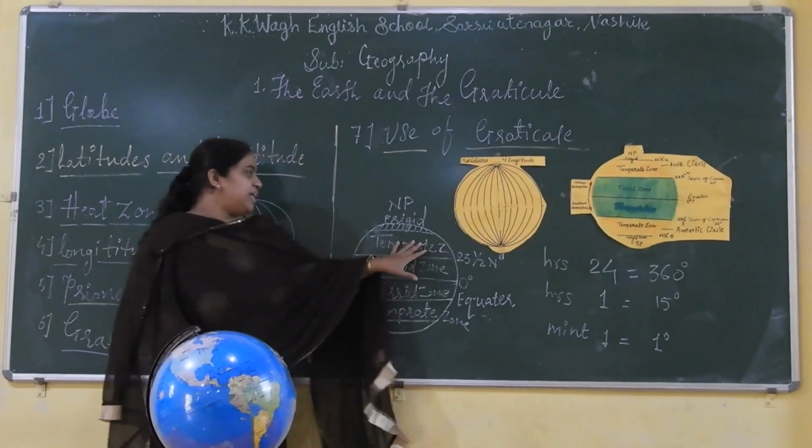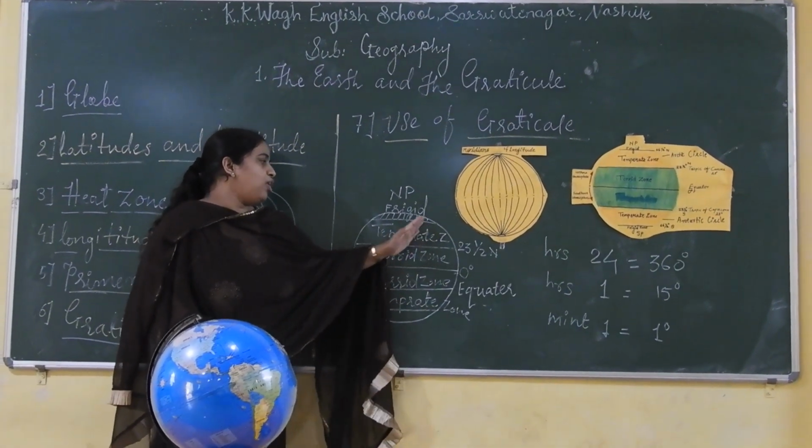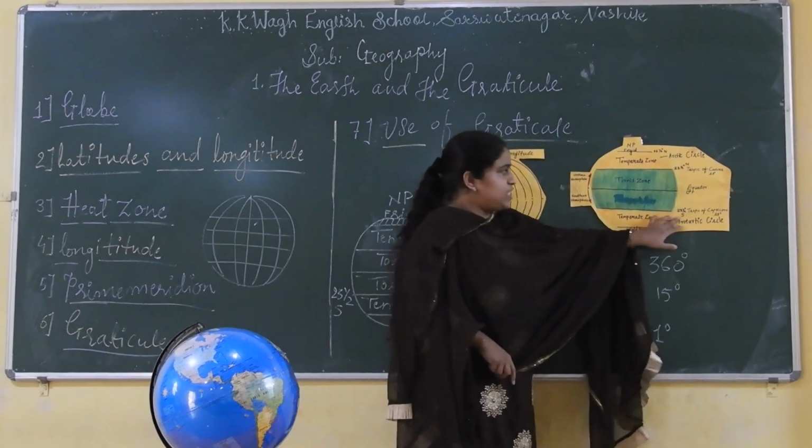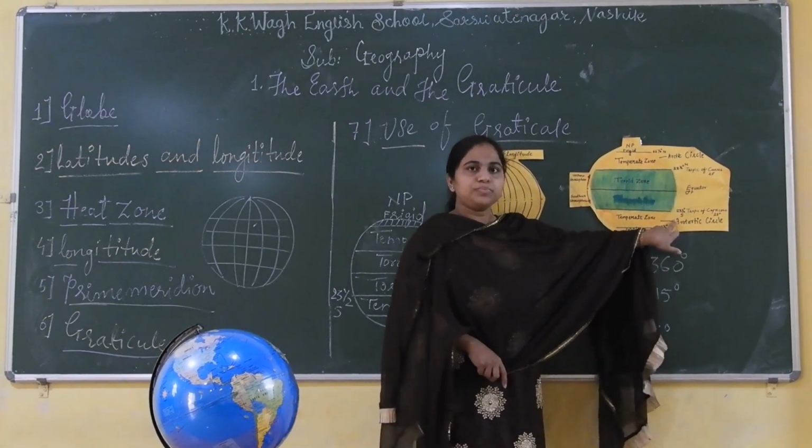After this zone we call the Tropic of Cancer here, and here the Tropic of Capricorn, as you can see in this diagram.